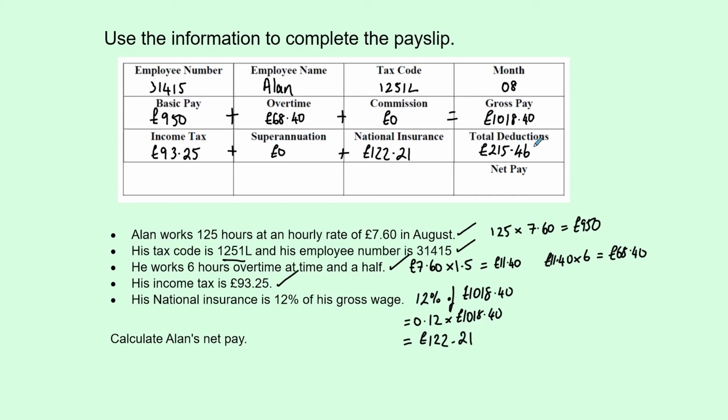To calculate Alan's net pay, we just now have to subtract these two. £1018.40 take away £215.46, and we get £802.94 as Alan's net pay.